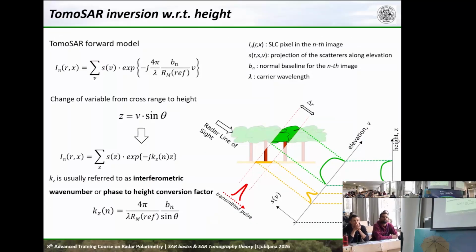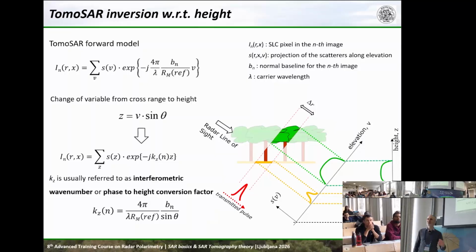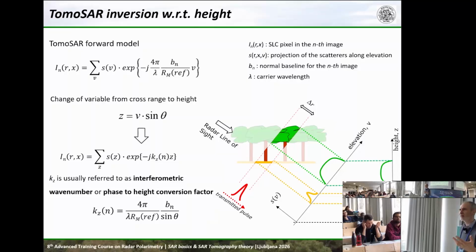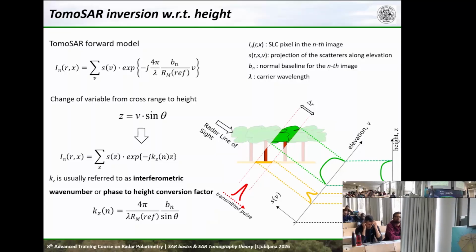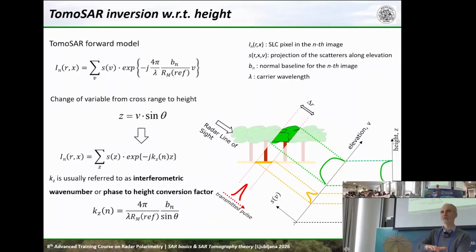So I'm nearly finished. Just to say that usually people do not like to reason in terms of elevation. Historically, everyone prefers to reason in terms of height. But this is a bit dangerous because you need to remember that the SAR pixel, the resolution cell of the SAR pixel, is not vertical.